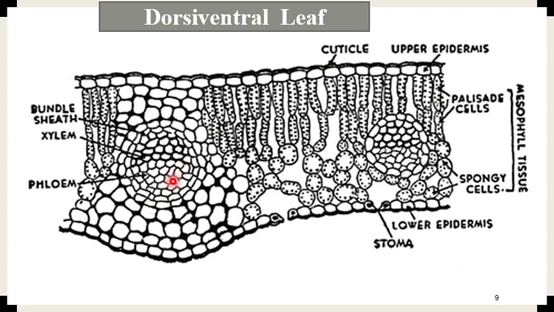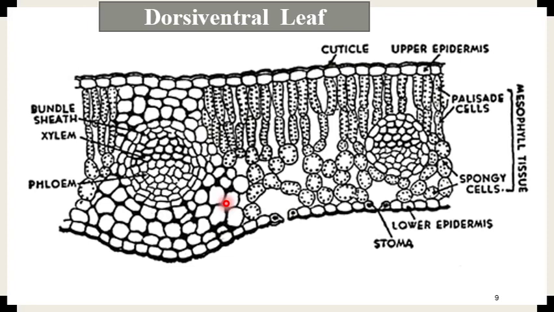A section through the midrib shows a vascular bundle with xylem and phloem. Xylem with tracheids and vessels on one side, phloem with sieve tubes on the other. Patches of collenchyma may be present below the upper and lower epidermis for mechanical support.